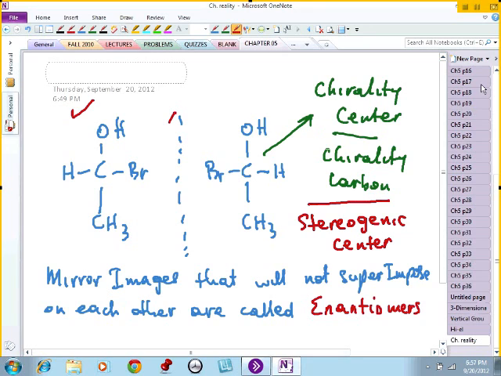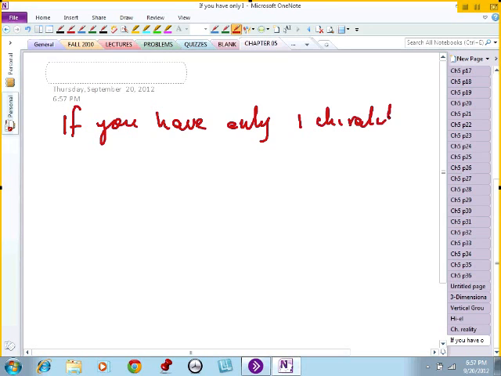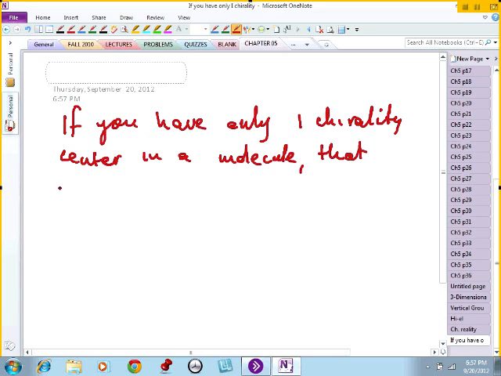Okay, so let me write it. If you have only one chirality center or carbon in a molecule, that molecule will be an enantiomer of its mirror image, and vice versa.